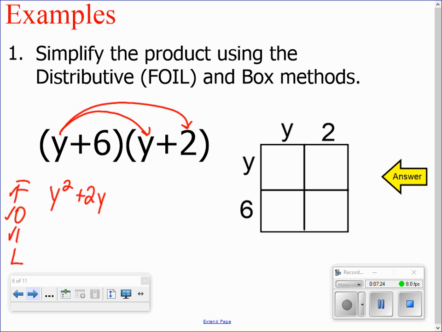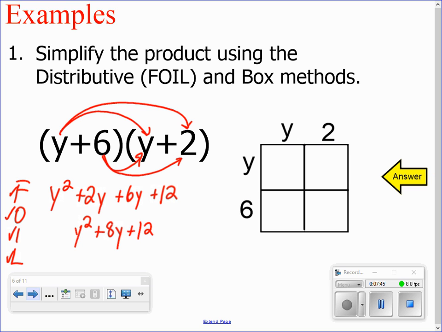Insides would be taking 6 and y and getting 6y. And last would be taking 6 times 2 and getting 12. Again, combining like terms, you get y squared plus 8y plus 12. So you end up with the same thing.